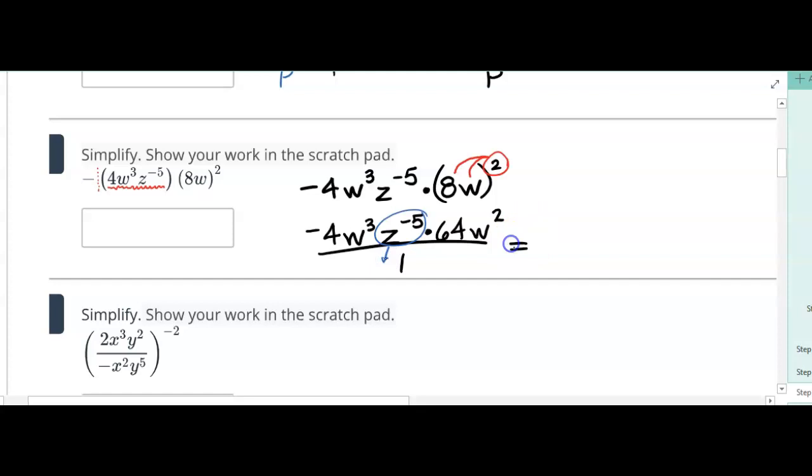And then I can multiply my coefficients. -4 times 64 is -256. I can multiply my w factors, keep the base, add the exponents, and z to the 5th is on the bottom.